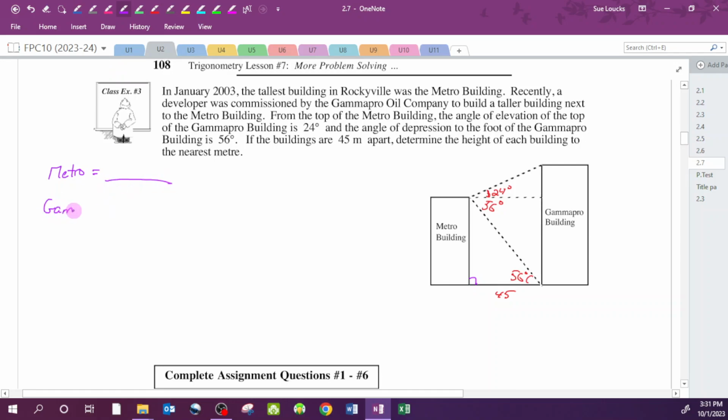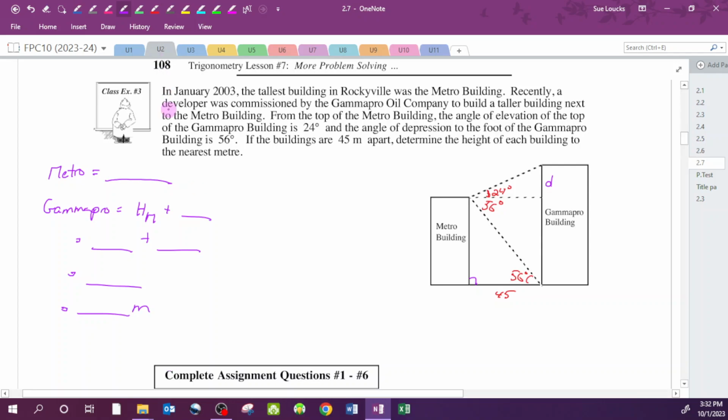And the Gamma Pro is going to be the height of the Metro plus another height. So it's going to be something plus something, and that's going to equal something, which I'll round in meters. All right, so there are all my blanks that I need to fill in.